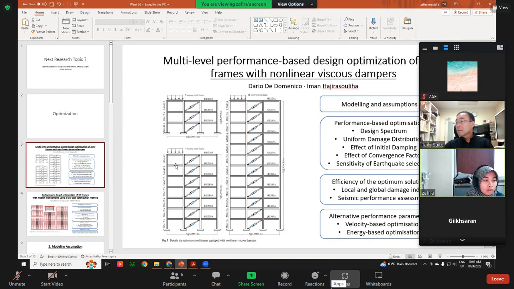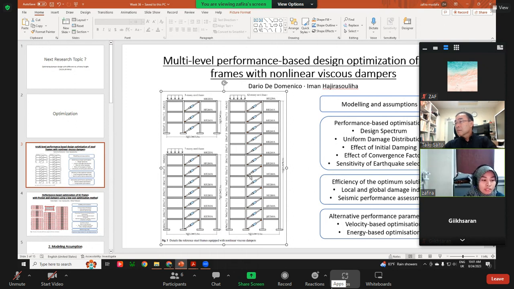This researcher, Iman Hajirasouliha, studied optimizing the design performance, first using viscous dampers in the steel frame. Basically, the objective is to use them for retrofitting.